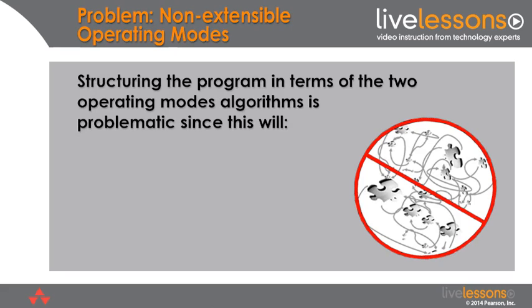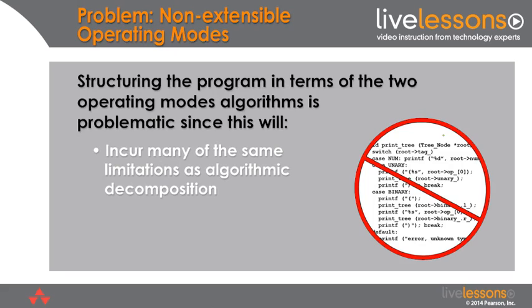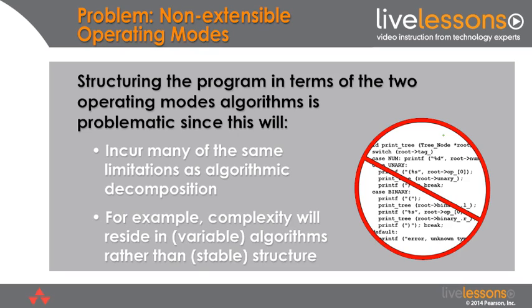Because if we do this, it's going to lead to several problems. Problem number one is we'll end up incurring many of the same limitations that we did with our original algorithmic decomposition. For example, structuring the program in terms of the algorithms will end up putting the complexity in the variable algorithms rather than in the stable structure.